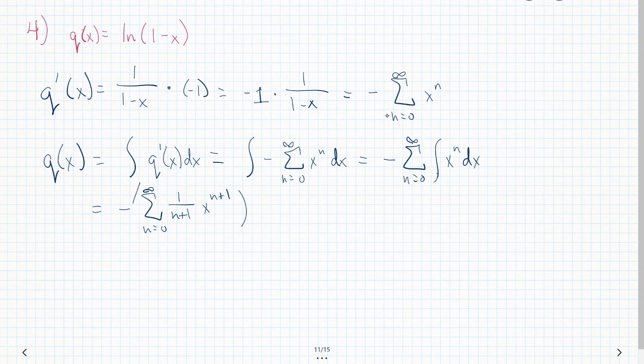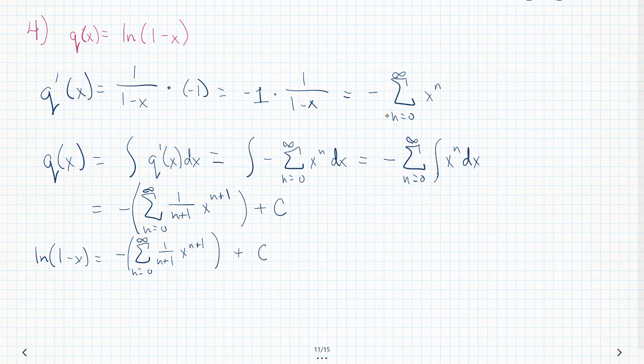So all this junk, and then I have plus some constant c, right? Because I took an integral, now I have to account for the constant c. So that sounds tricky, right? Well, not so much. So I have natural log of 1 minus x equals something like this. So it's negative summation n equals 0 to infinity of 1 over n plus 1 x to the n plus 1, and then we got plus some constant c.